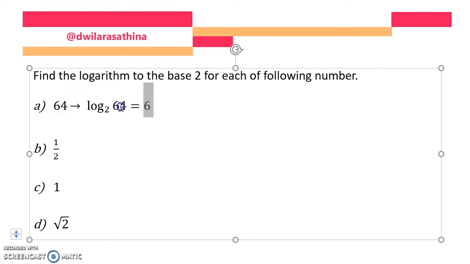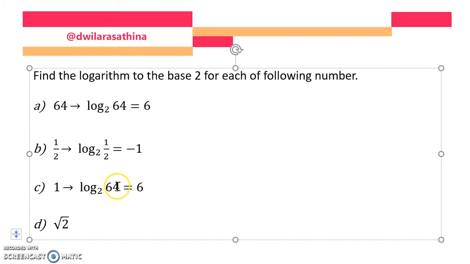Okay, let me check the second one. Number b, a half. Log to the base 2 of a half is, what is it? Minus 1. Alright. Because 2 to the power of minus 1 is a half. Then how about this? 1.